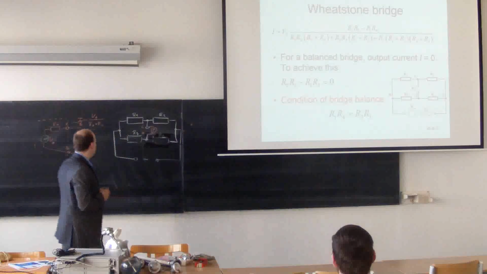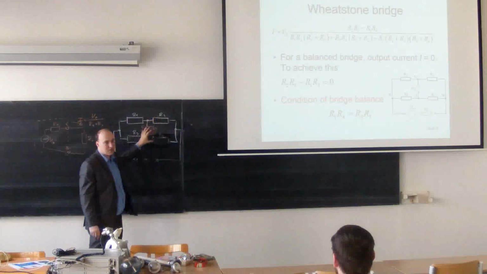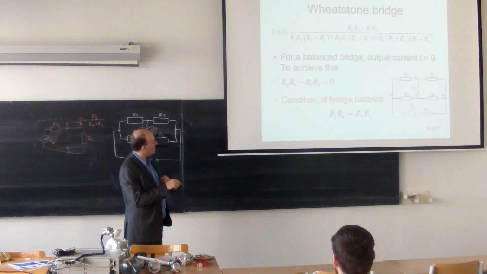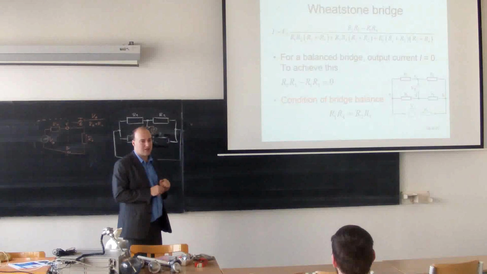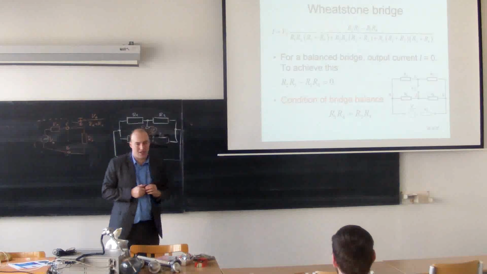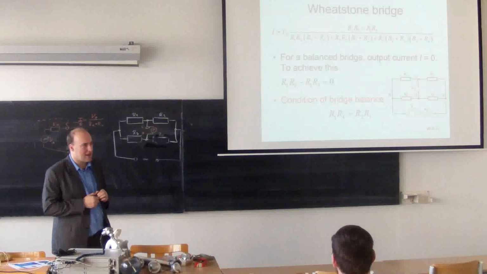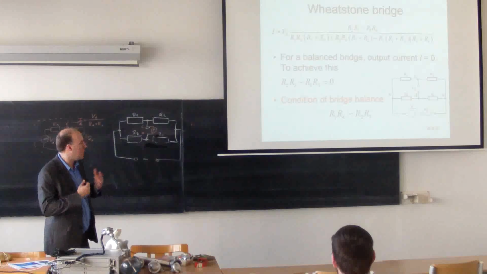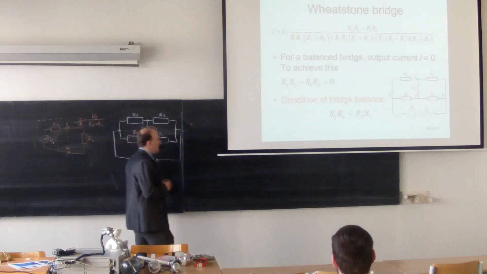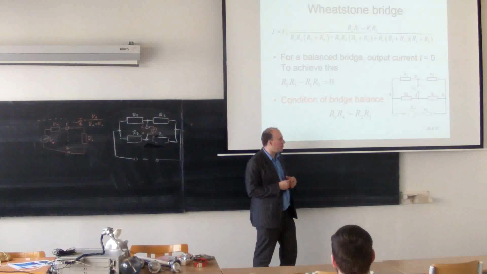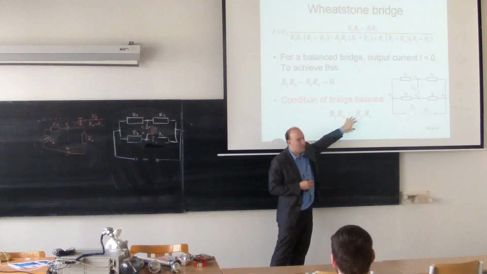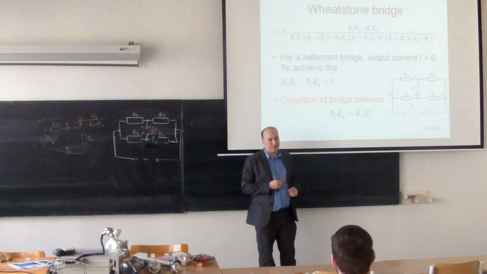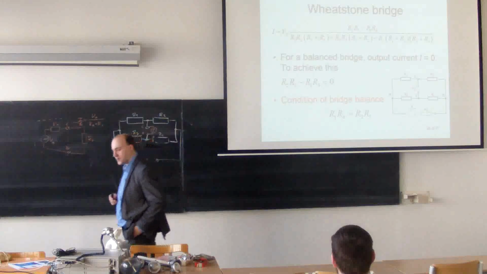So if you change the values of those resistors until you meet the equation written here, in other words, until you meet the condition of balance, then you will have output 0. So the goal of balancing the bridge is to change the setting of the bridge until I have fulfilled this equation. Then the output will be 0. So that's the balanced bridge.